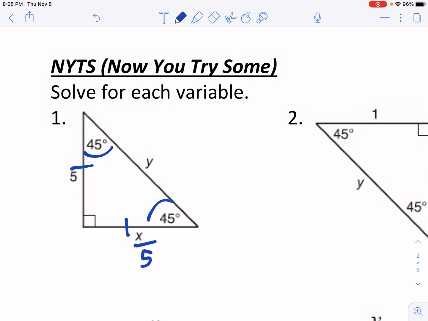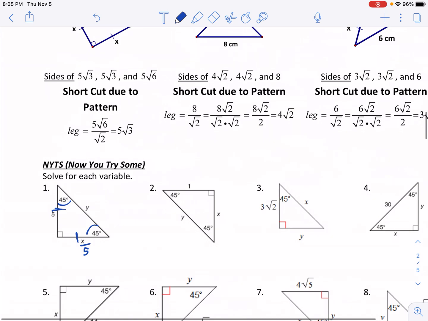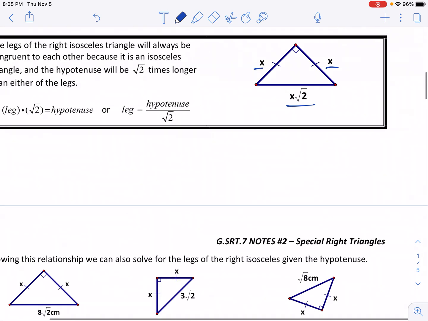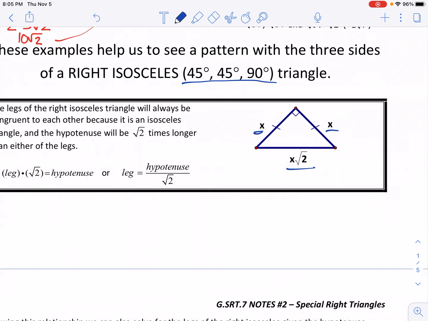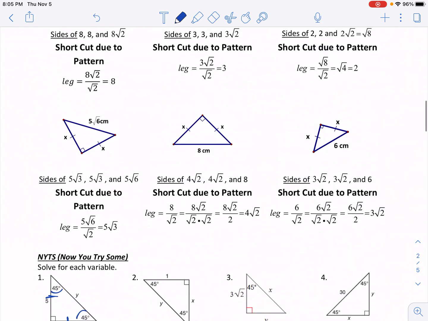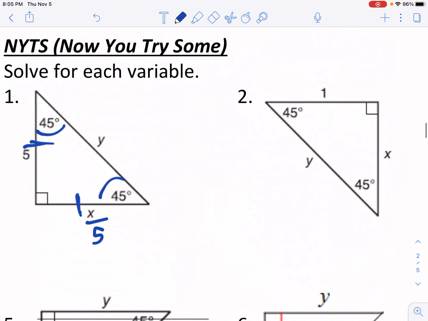If they're the same length, then this side and this side have the same length. How would I find y? Well, notice, if this is 45, 45, 90, we said the rule is if these two sides are my same sides, then my third side, the hypotenuse, is just this measure times the square root of 2. So if my two side lengths are 5, then y here would just be 5 times the square root of 2. And that would be our answer, okay?